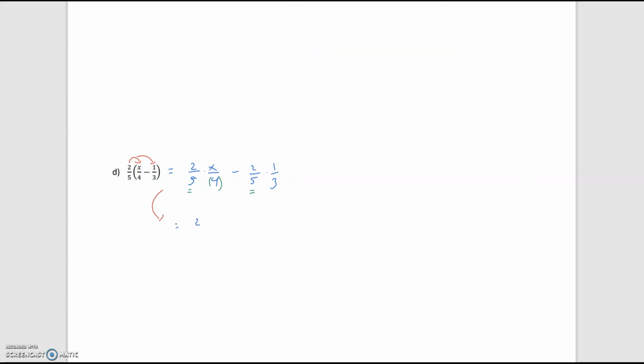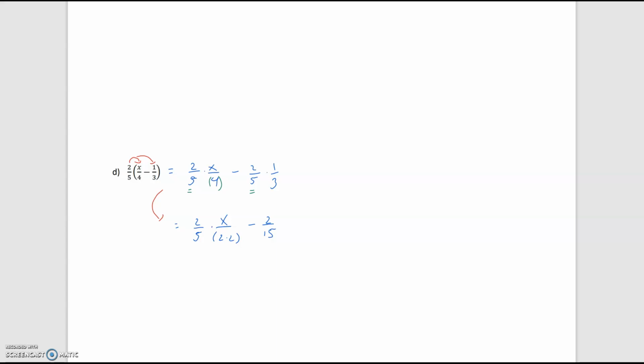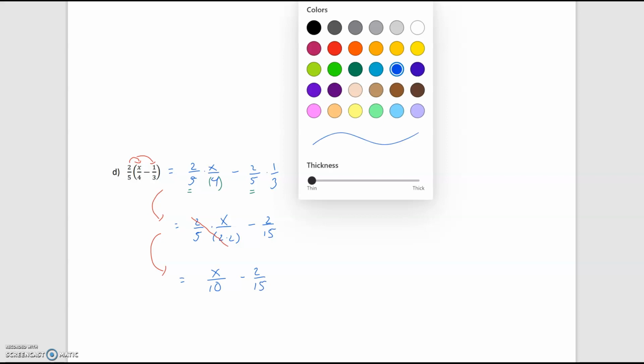So we're looking at 2/5 times x over 2 times 2, and then minus 2/15. I'm already combining the second fraction. And then here, you can technically see the cancellation of the 2's. So rewriting it, we're going to be looking at x over 10, since we're left with 5 and a 2, minus 2/15.